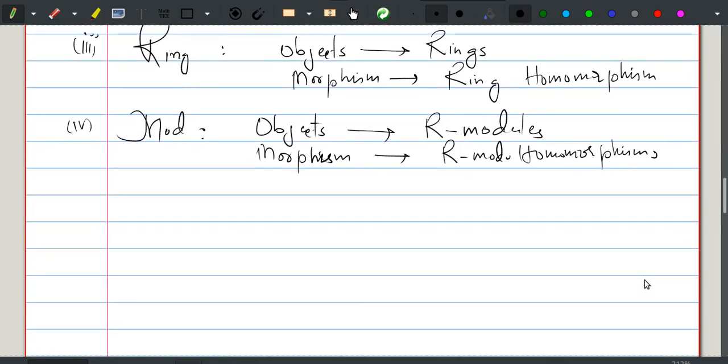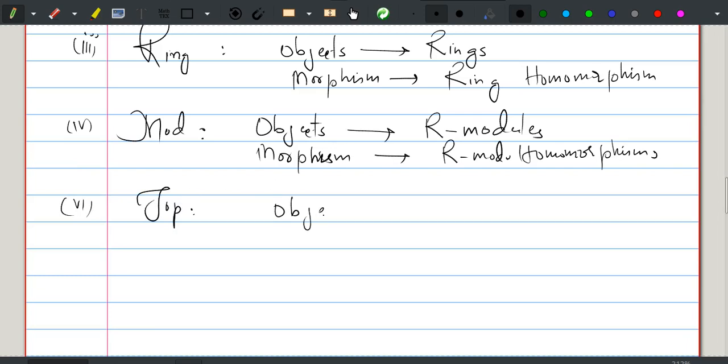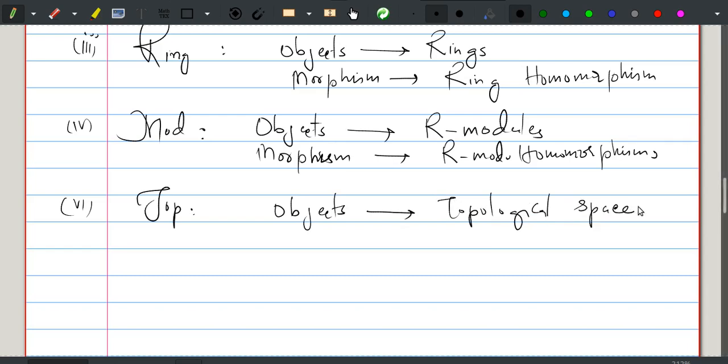And then we have the category of topological spaces. So let us denote this, the category of topological spaces. So objects here are topological spaces, and the morphisms are continuous maps.